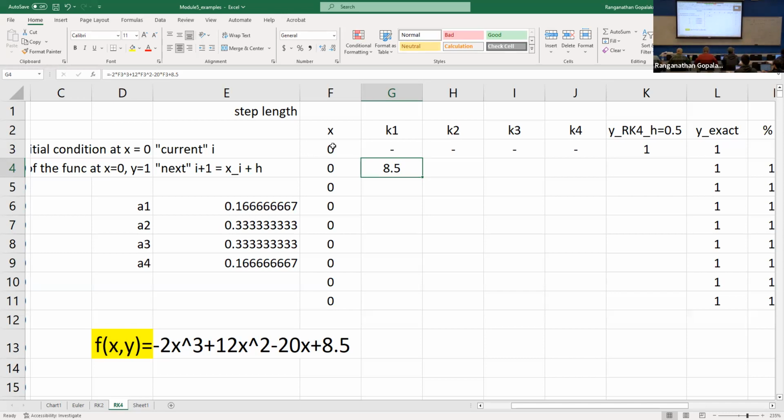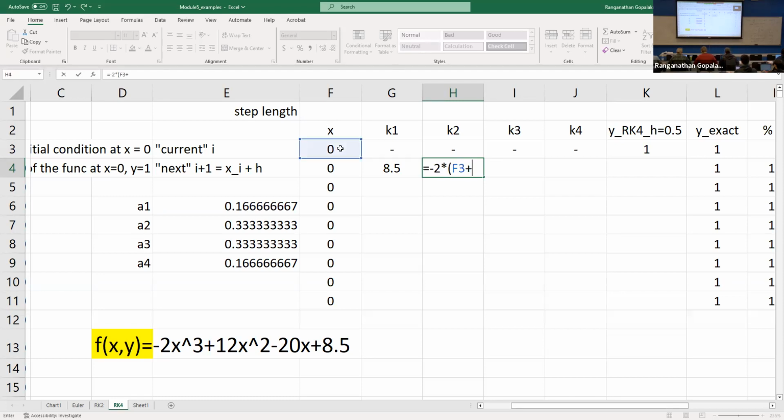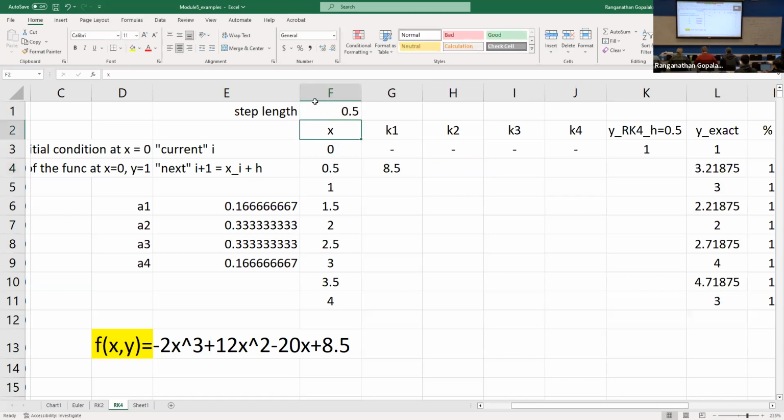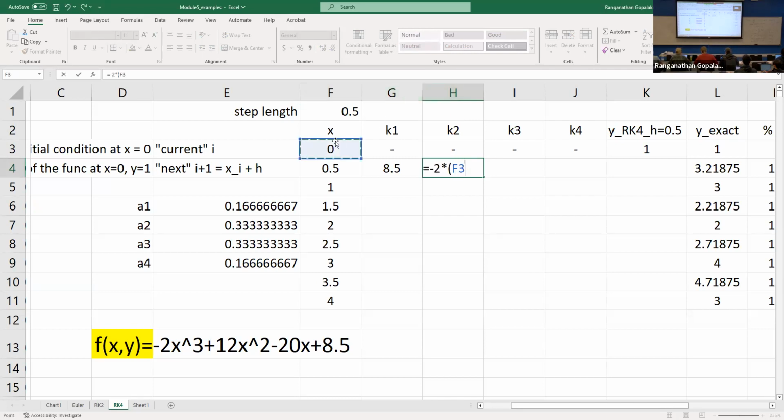So what you would do is write -2 times open bracket, x plus half times h, where h, my step length, is 0.5, cubed.